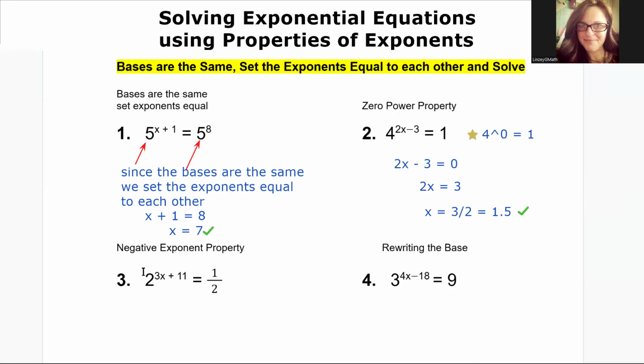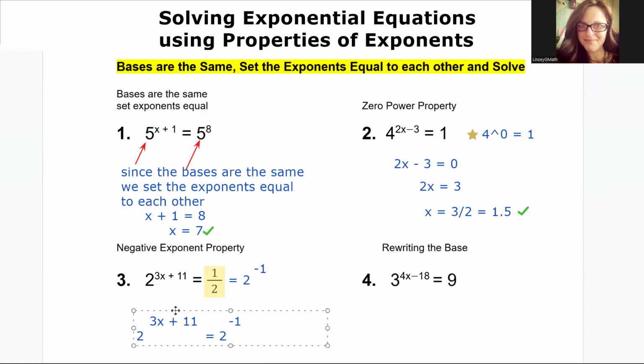Number 3, negative exponent property. We need to rewrite 1/2 with base 2. Using our negative exponent property, 1/2 is equal to 2 raised to the negative first power. So now we have 2 to the power of 3x plus 11 is equal to 2 raised to the negative first power.